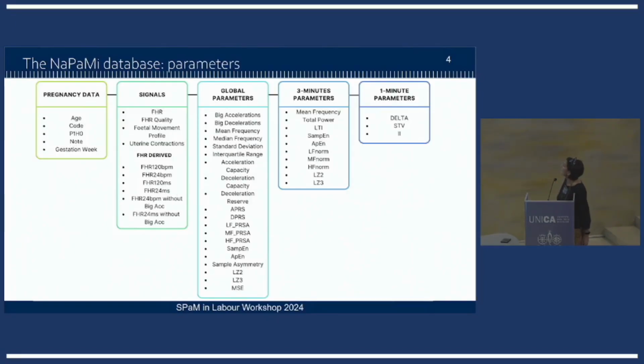So this is unreadable, but it only serves to communicate how many parameters we collect in this database: global parameters from the time, frequency, and nonlinear domains, but also pregnancy data, parameters related to the state of the mother, which is always present but a bit neglected in our analysis.